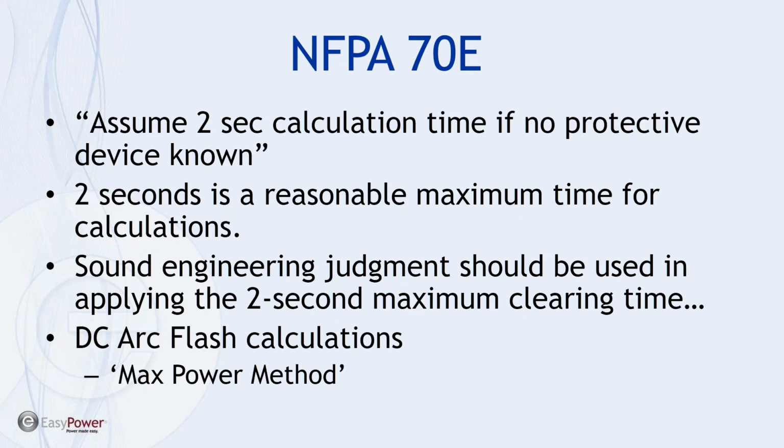Now, even with this, they, being the NFPA 70E committee, recommend that sound engineering judgment should be used in applying the 2-second maximum clearing time. This is also the document that recommends the use of what's called the max power method when we're calculating DC arc flash calculations. That's, again, not saying anything other than that's where you find this information.